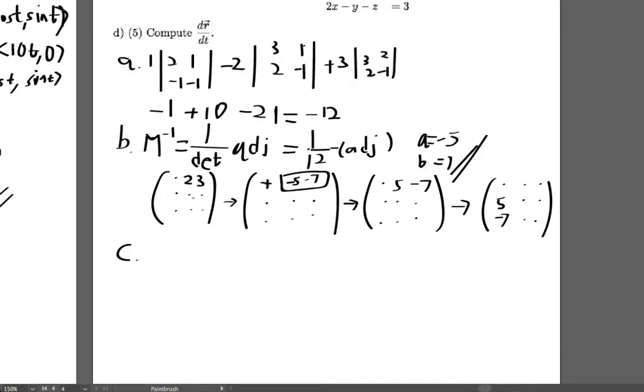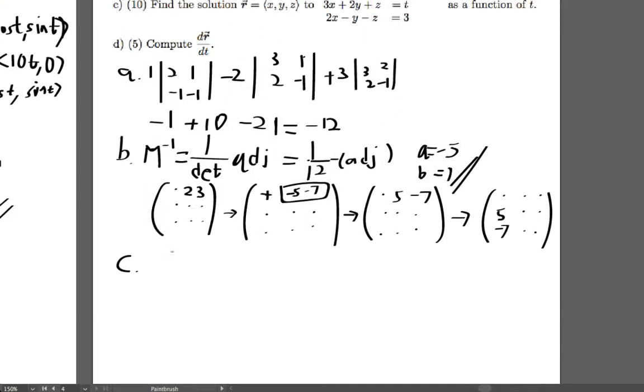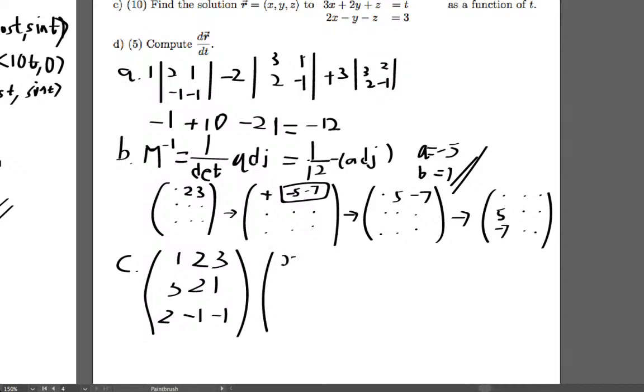The best way to do this is to make a matrix: 1 2 3, 3 2 1, 2 minus 1 minus 1, and then you multiply this by x, y, and z. This would equal a function of 0, t, 3.